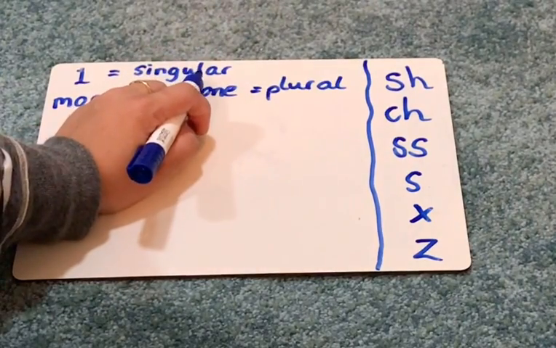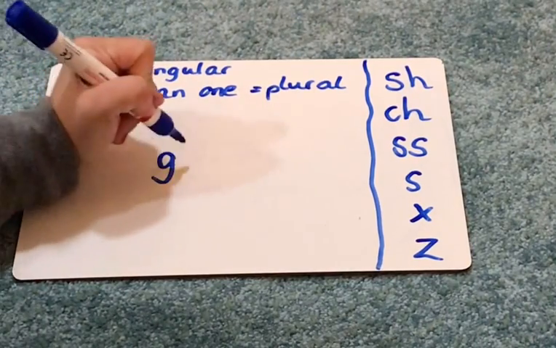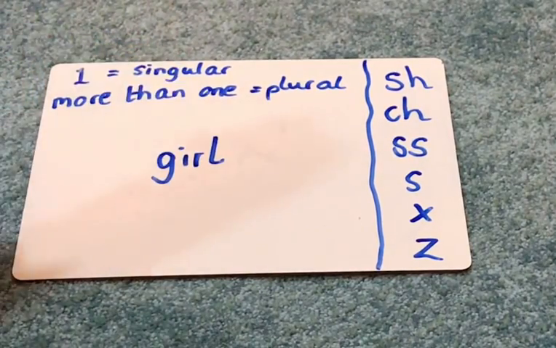So singular and plural. Now, we already know that for a lot of objects, so nouns, we just add the letter S to the end to show that it's a group and not just one. For example, let's write down a girl, okay?